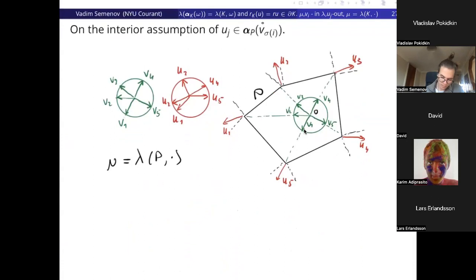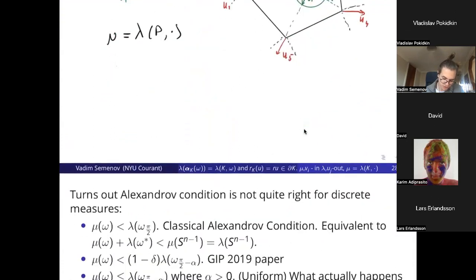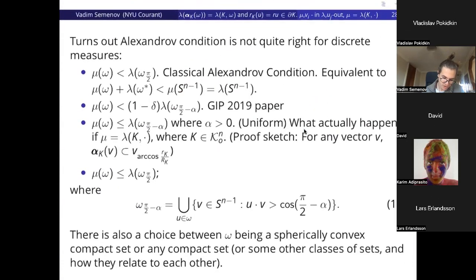So I said something about the interior assumption. So now we will have to choose proper geometric conditioning about what happens with this situation. And there are a bunch of them. So the classical one is this condition.